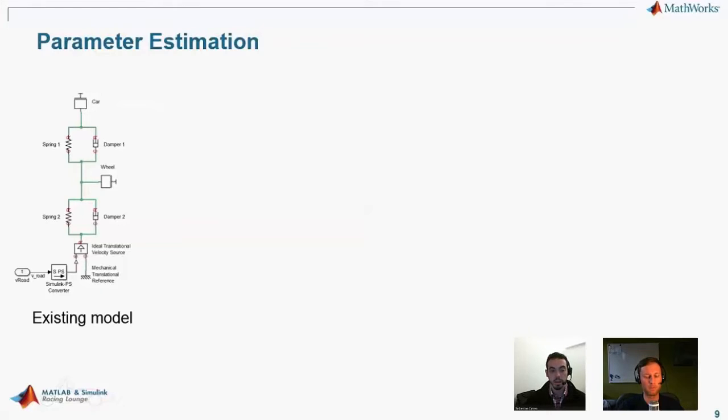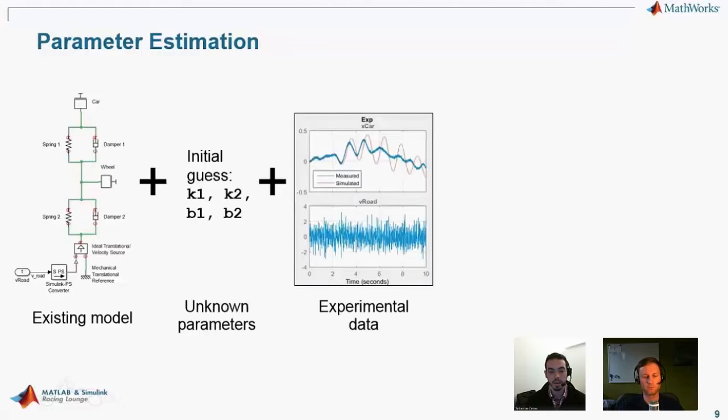But the problem is that you don't really know what the parameters are. For example, maybe you have the masses of your car and your wheel, but you're not quite sure what the spring or damping coefficients are. So all you need is an initial guess, hopefully one that's good enough, and combine that with some experimental data that you can collect or get from a data sheet.